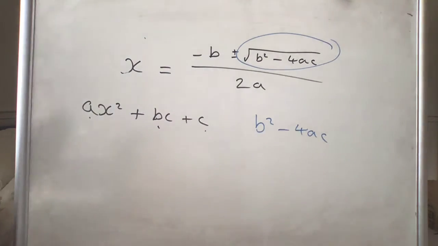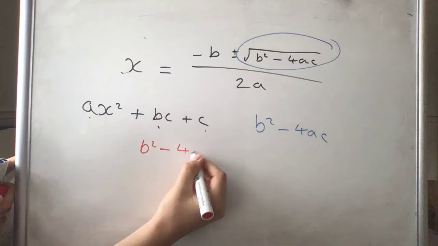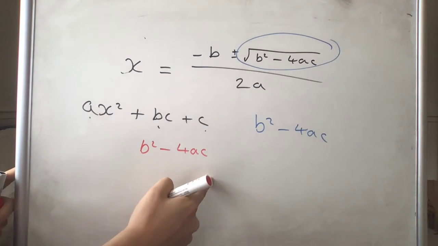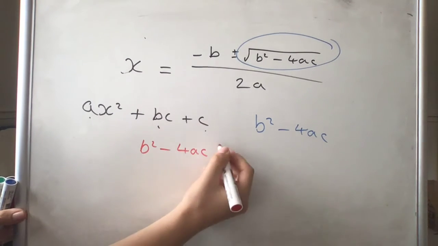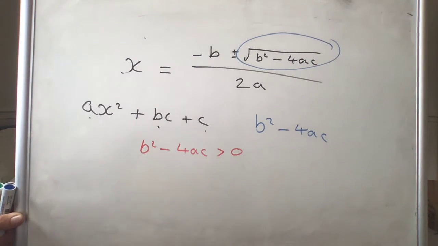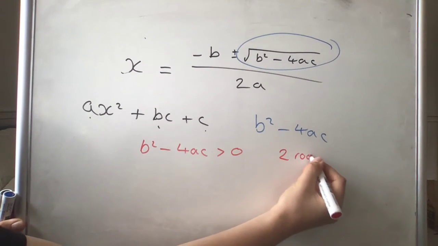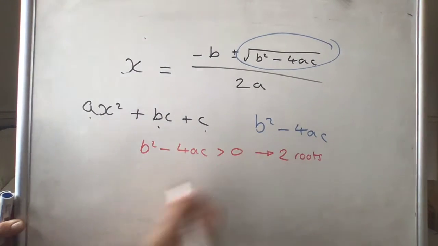Okay, so let's have a little look. If we have b squared minus 4ac, our discriminant, and the result of that, whatever number that produces, is greater than 0, then we're going to have 2 distinct roots, okay, 2 solutions.